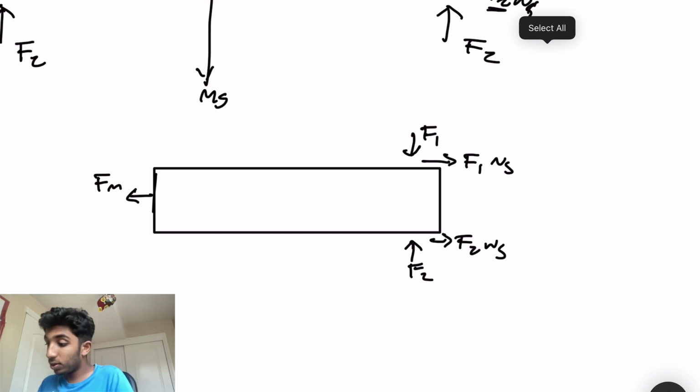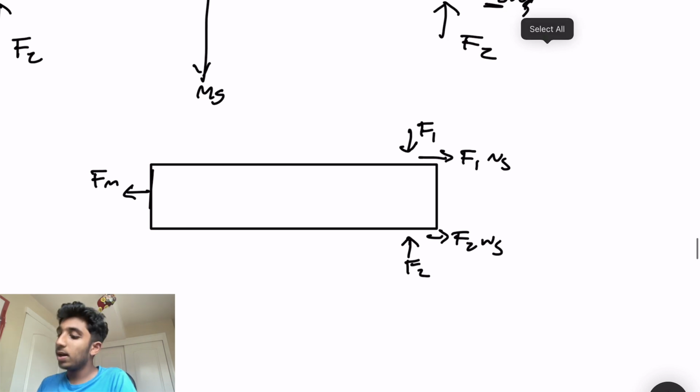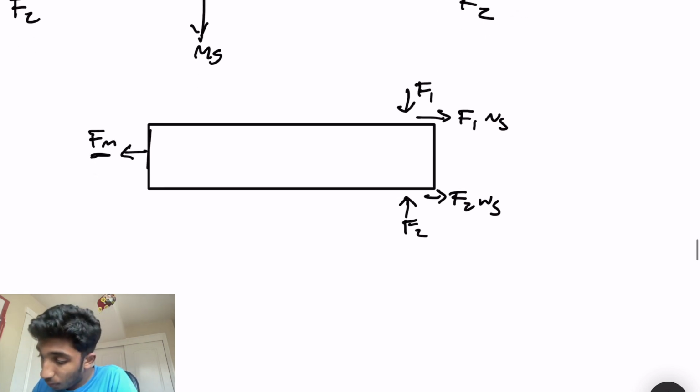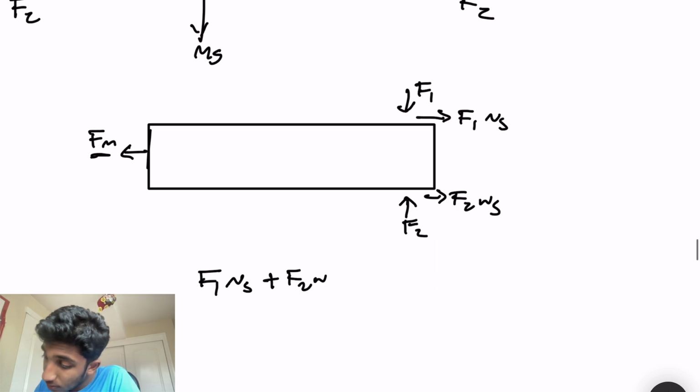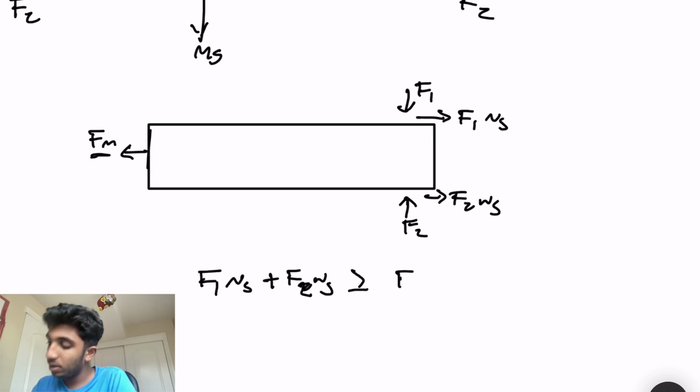So what we want to overcome is this force. So we want F1 mu s plus F2 mu s, the forces due to friction, to be greater than Fm, which is the force holding it back because of the strength of the wood.